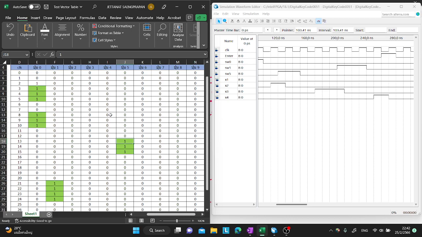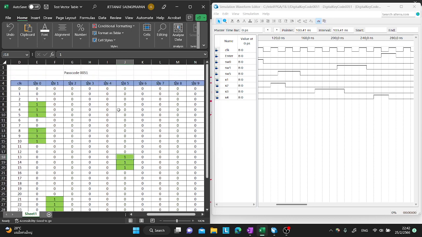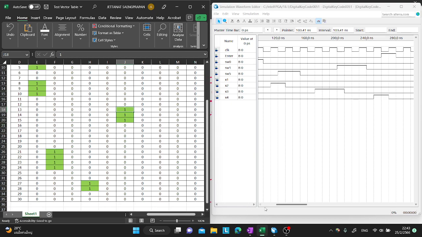But you can also press 0 1 5 to reset to state A again, which is all of the circuit is reset. So that's all of it. Thank you for listening.